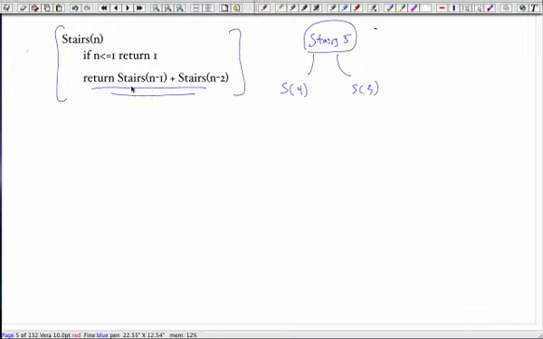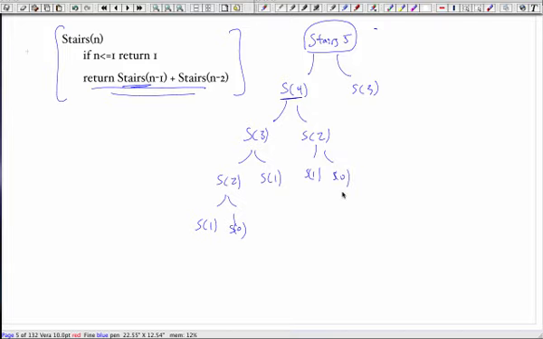But of course, stairs of 4 is going to be evaluated first, and then we're going to make recursive calls like this. Now notice that when the recursion comes all the way back up to S4, we are then going to do the recursion for S3. Even though we've already computed it here, the way we've implemented it is actually going to make exactly the same calls.